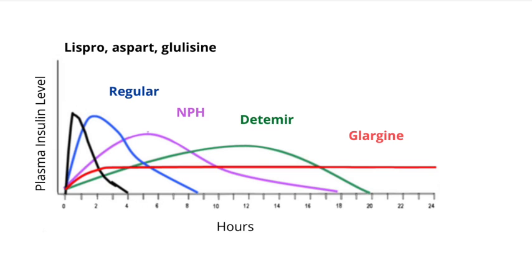And as you can see, they are the rapid acting types of insulin. And then in blue, we have the regular insulin. And we usually give an IV infusion of regular insulin to treat patients with DKA because this allows for rapid adjustments in the dose based on the glucose levels.